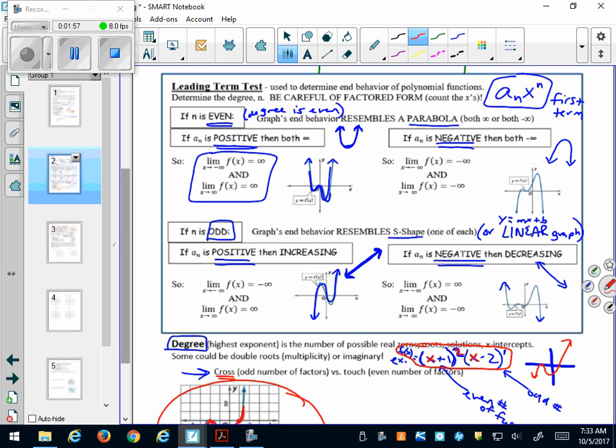Those are the two things you're really looking at from your first term. You're looking at an even or odd degree and a positive or negative coefficient.